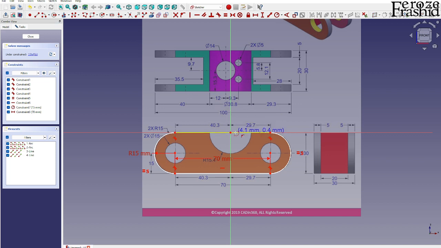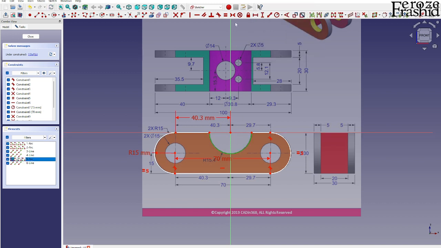So let's make this arc and then trim it. Now between this point and this origin, the distance is 40.3.